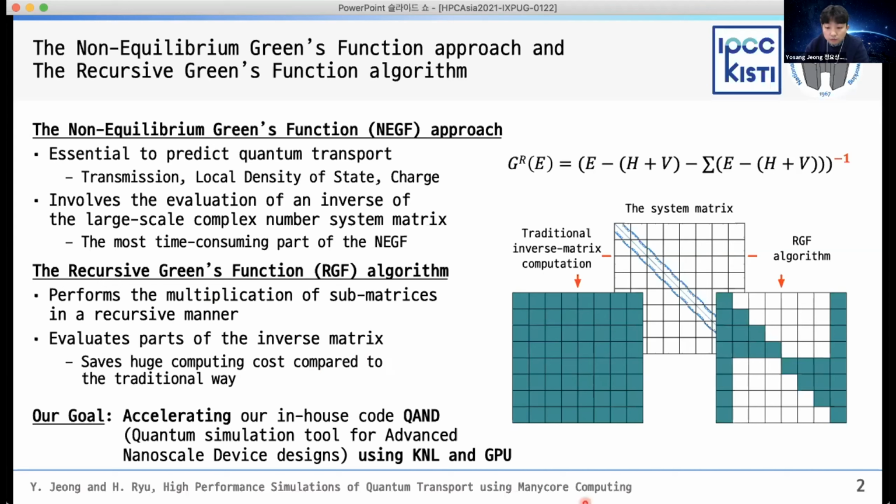And this algorithm evaluates not the entire inverse matrix, but the parts of inverse matrix, because the physics of transport behaviors can be obtained with the parts of inverse matrix. So the RGF algorithm can save huge computing cost compared to the traditional way, but it is still the most time-consuming part of the NEGF approach. So we proposed several technical strategies for accelerating our in-house code Q and the RGF-based NEGF solver using KNL and GPUs.